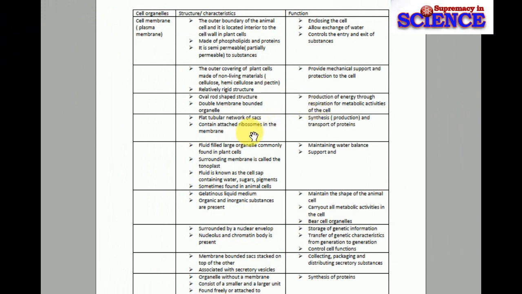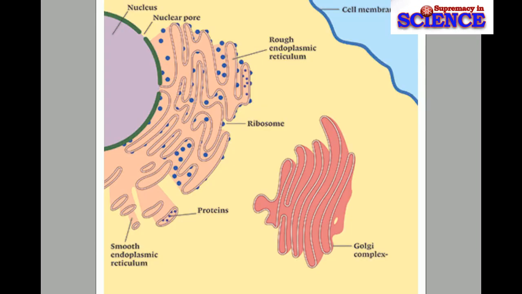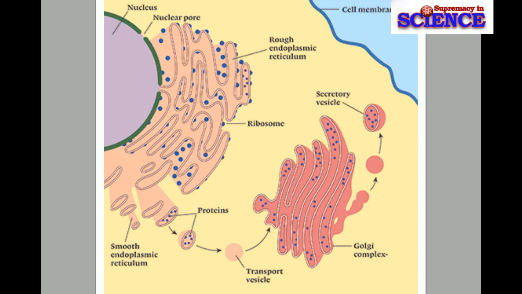Then the next one, flat tubular network of sacs containing attached ribosomes in the membrane. From that sentence you can catch what the structure is, and also it should have a tubular shape. So it's the endoplasmic reticulum. But what adjective do we put? It's the rough endoplasmic reticulum. When we go to the function of this, it contains ribosomes.